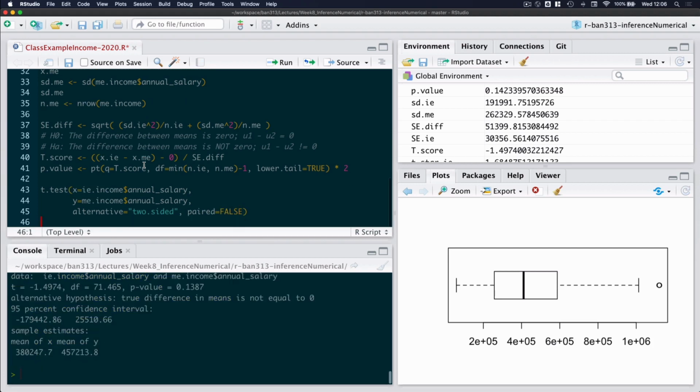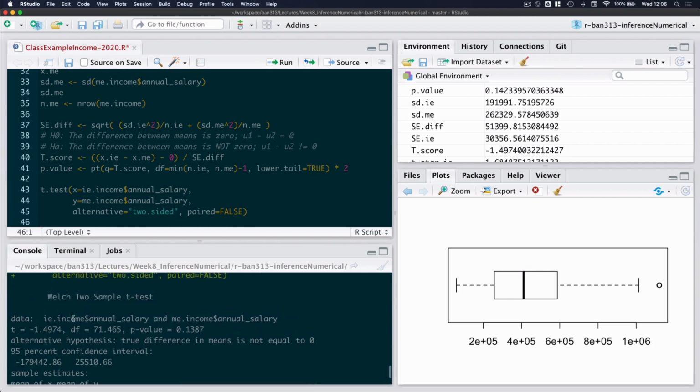And if we run this, it actually uses the Welch two-sample t-test. And again, we get a p-value which is similar to the p-value that we've calculated. The reason why there's a slight difference here is because they use a Welch two-sample t-test, which I believe is slightly different.